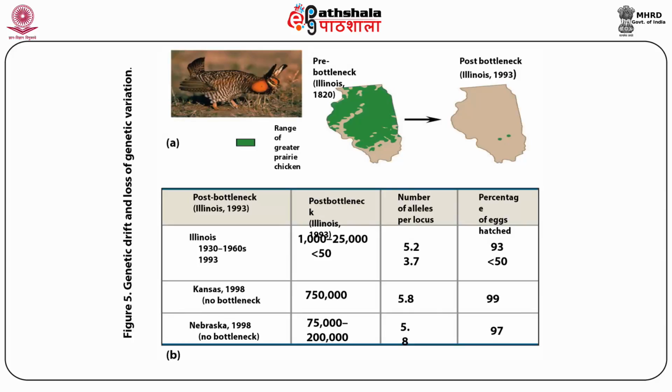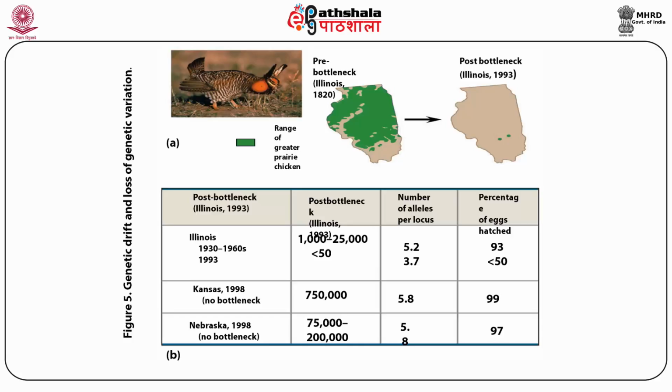Here in these two figures, you will see the changes, where on one side you see the range of genetic variation, then their distributions, and their changes in the form of figures as a pre-bottleneck region during 1820 and a post-bottleneck region during 1993. A great, drastic change that we have seen.